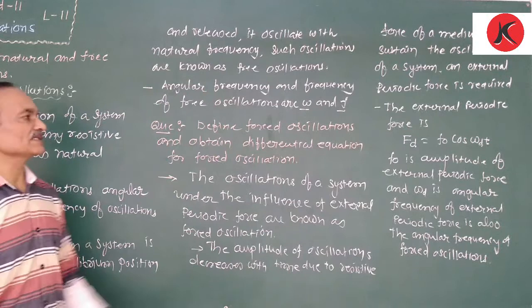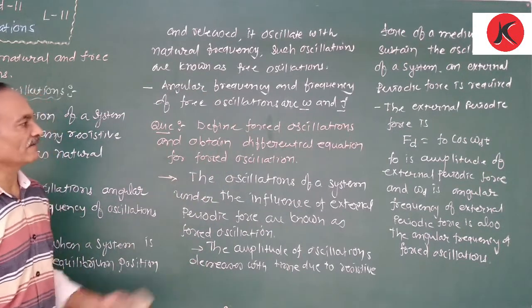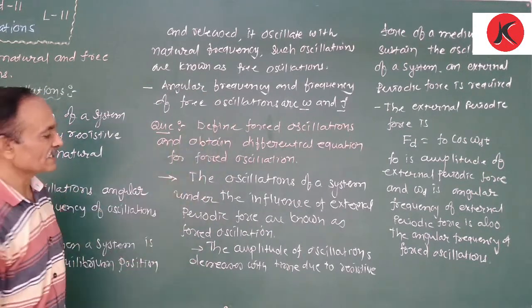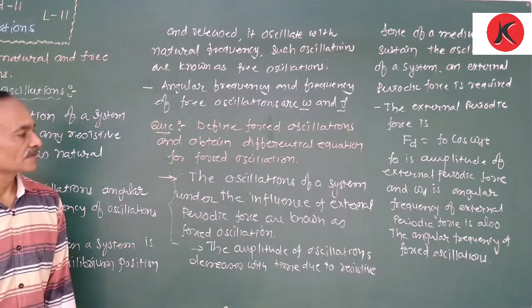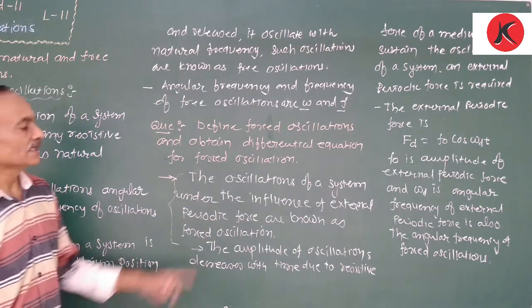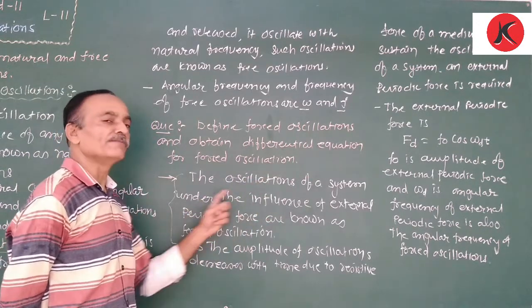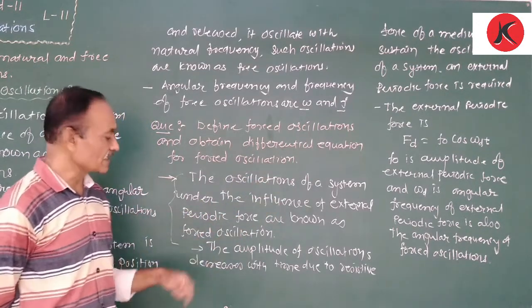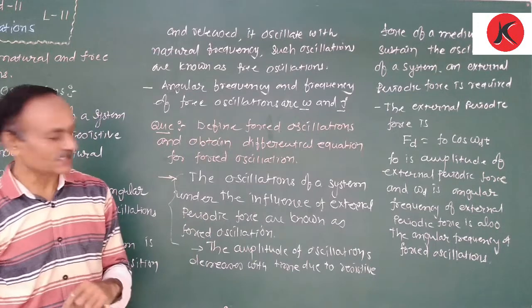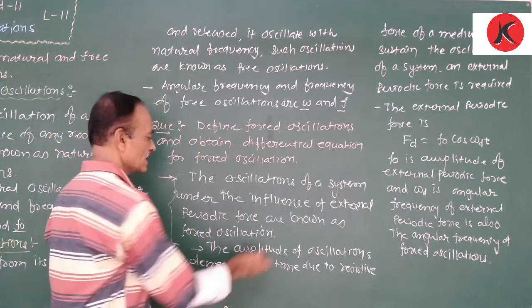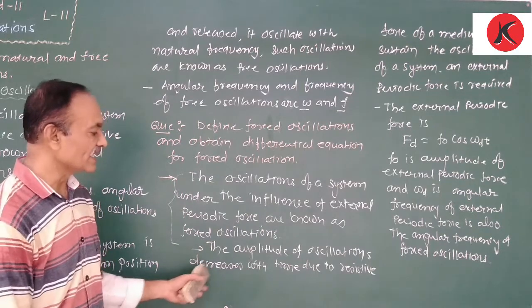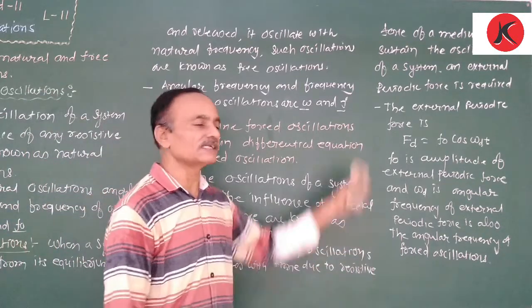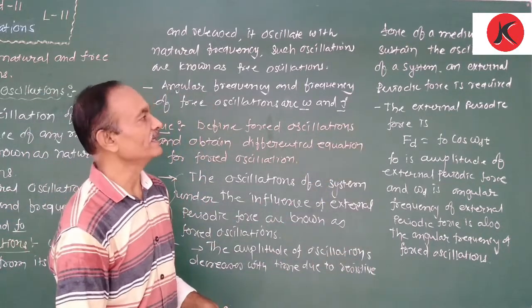So that is the information about the forced oscillation, but in our question only the definition is required, so you have to write down this. Now what is the forced oscillation? The oscillation of a system under the influence of external periodic force is known as forced oscillation. The amplitude of oscillation decreases with time due to the resistive force of a medium.